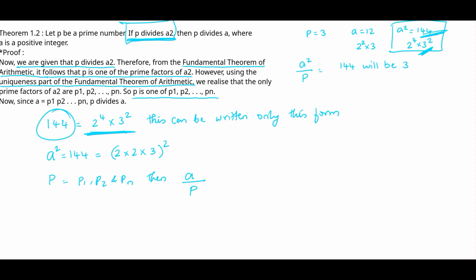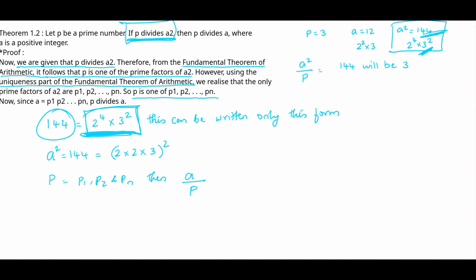And also by the uniqueness of the fundamental theorem of arithmetic, if you want to write the prime factors of 144, this particular factorization will not be repeated for any other number, and it will not be divisible by 5 or 7 or 9 or any other number.